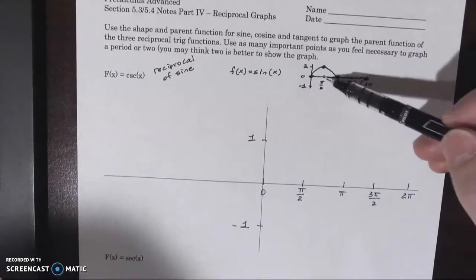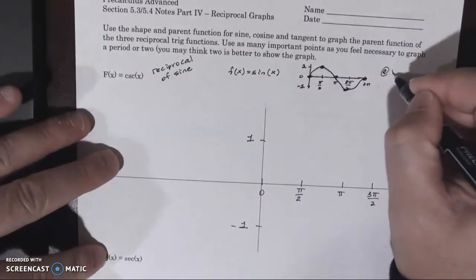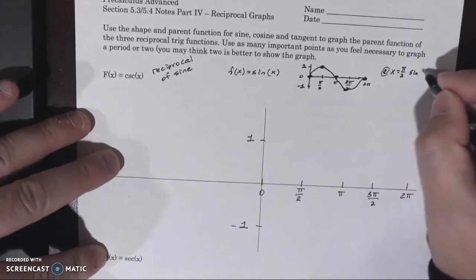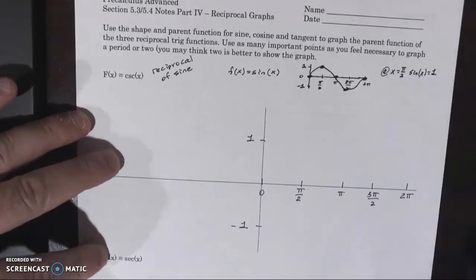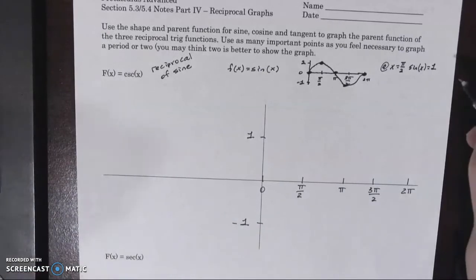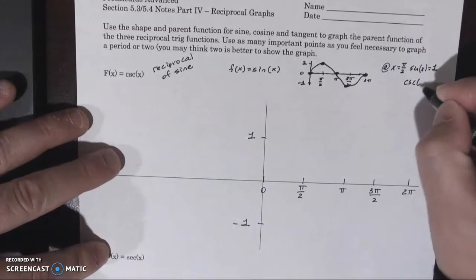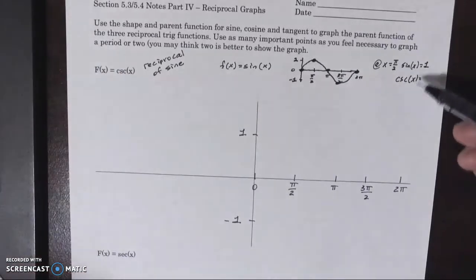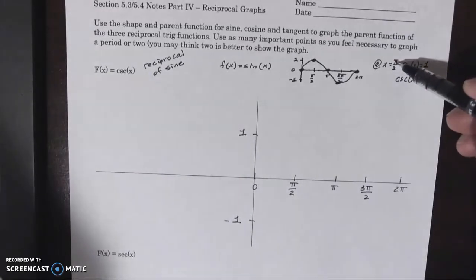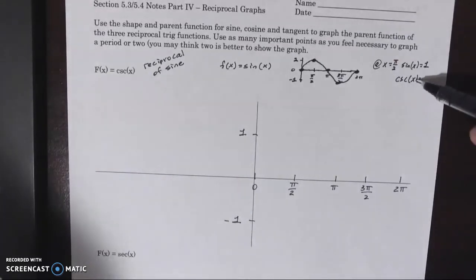So let's start with maybe the easiest of all of these things. At x equals pi over 2, sine of x equals 1. If cosecant of x is the reciprocal of sine, then at x equals pi over 2, the cosecant value should be the reciprocal of the sine value. What's the reciprocal of 1?